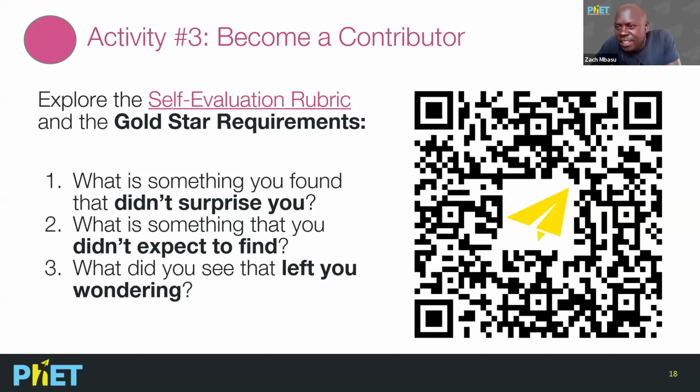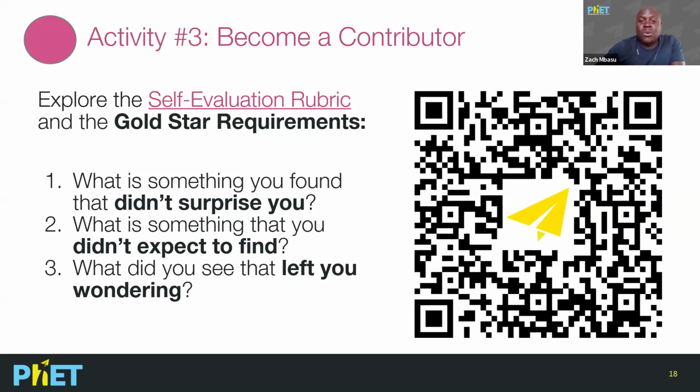Nchenji says, I have contributed an activity once. This is great. And yes, a link has also been dropped in the chat that takes you to the self-evaluation rubric. Take time to go through it, and as you go through it, think about what is something you found that didn't surprise you? What is something that you didn't expect to find?